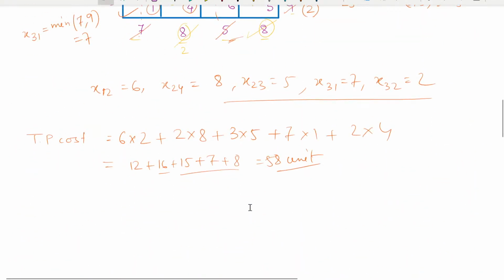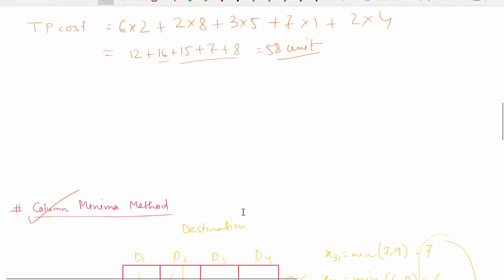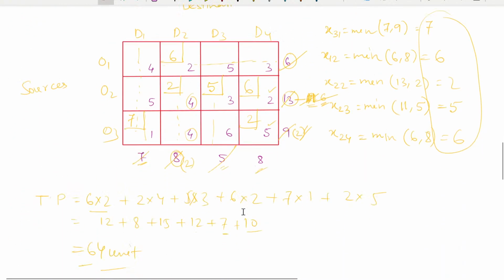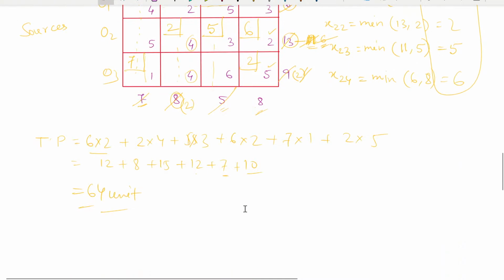Because we always accept the minimum cost, since we have to optimize, we have to minimize the objective function here in the transportation problem. Okay, so these methods are initial methods, you can say. You can get a case where the column minimum method gives the minimum transportation cost, whereas if you solve the same problem with the row minimum method, you get a bigger transportation cost.